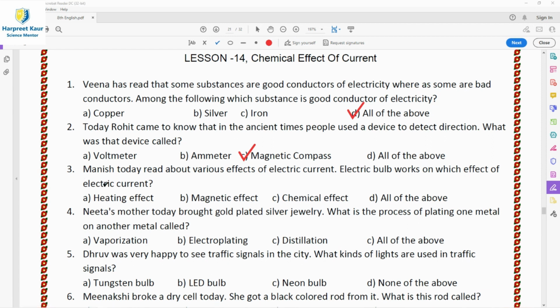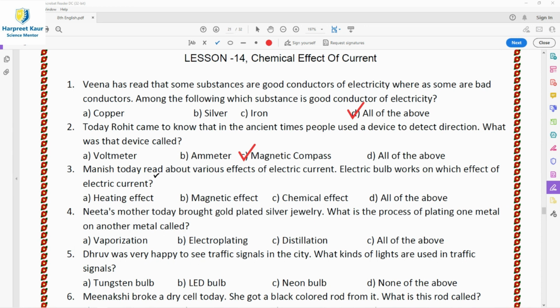Question 3. Manish today read about various effects of electric current. An electric bulb works on which effect of electric current? So, children, here we need to know the three effects of electric current. Number one is the heating effect of electric current, second is the magnetic effect, and third is the chemical effect.